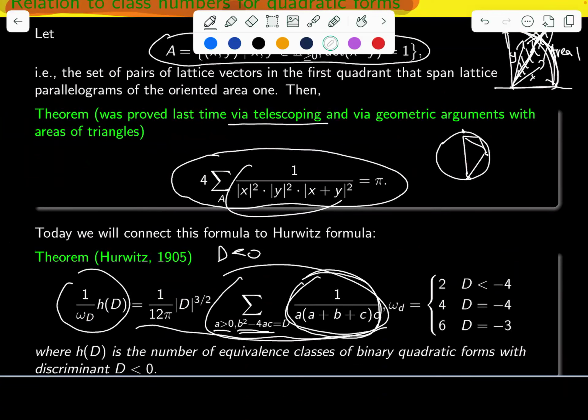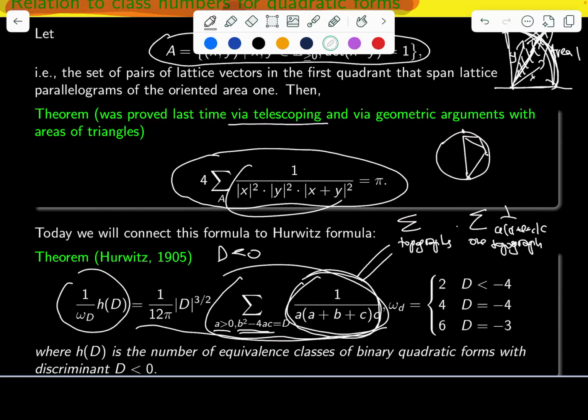Actually, now you can split it into sums over all topographs. So it will be just the sum over all topographs times the sum of a plus b plus c times c over one topograph. And then, you mean over the vertices of the topograph?